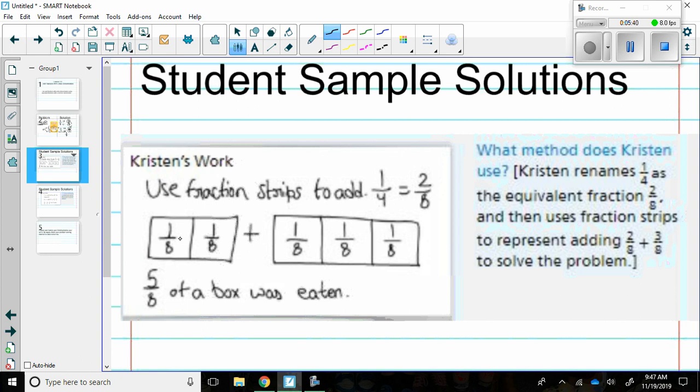In her picture, since she made the denominators the same, she had 2/8 here plus the 3/8 in the problem, giving her a total of 5/8 in the box. So she used a picture version to make equivalent fractions.